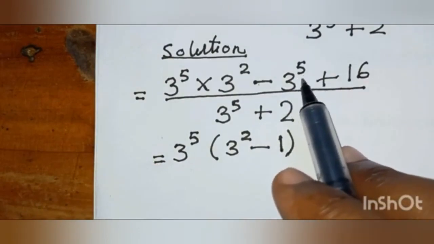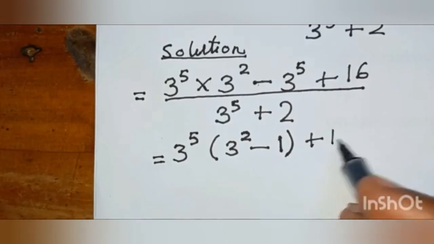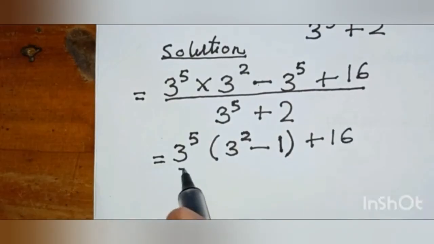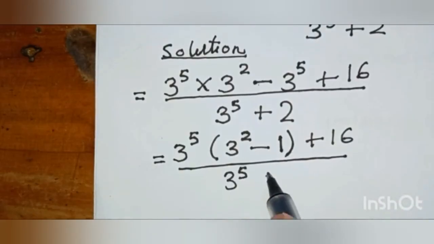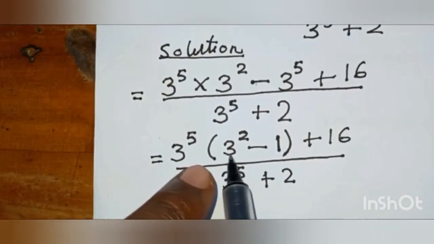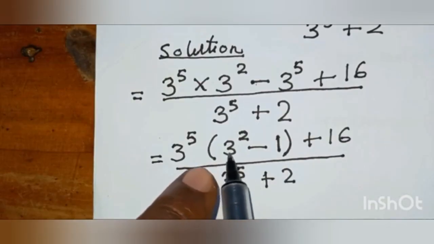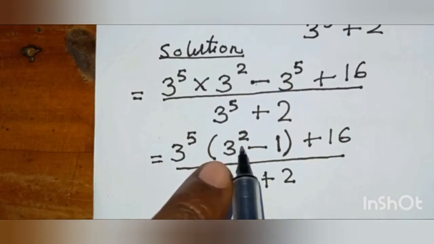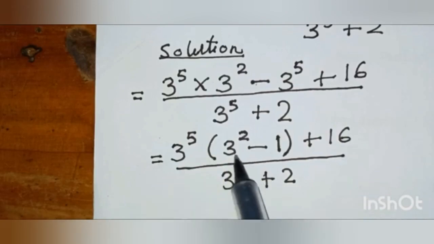So here we remain with 1, plus 16 over 3 power 5 plus 2. Here we deal with the 3 power 2 inside the bracket. We know 3 power 2 is the same as 3 times 3, which is equal to 9. So instead of writing 3 power 2, we write 9.